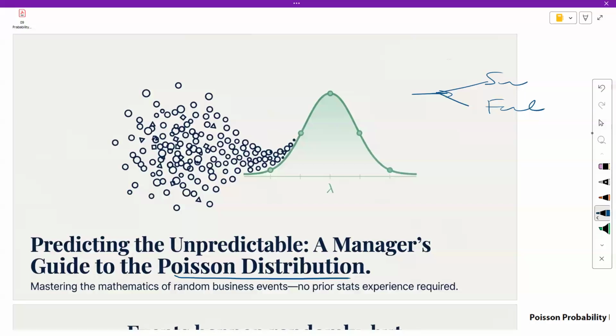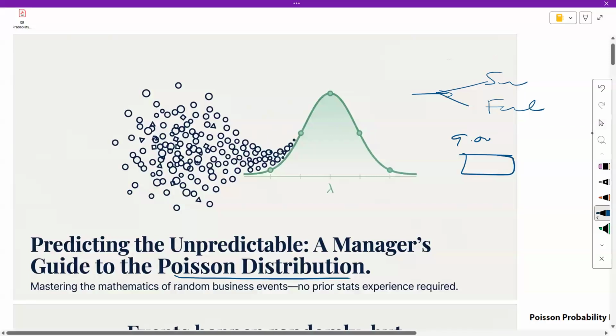The Poisson distribution is like this. In a shop or textile store, from 9 a.m. to 10 a.m., how many customers visit the shop? Or at a bank counter from 10 to 12 p.m., how many customers visit the counter?